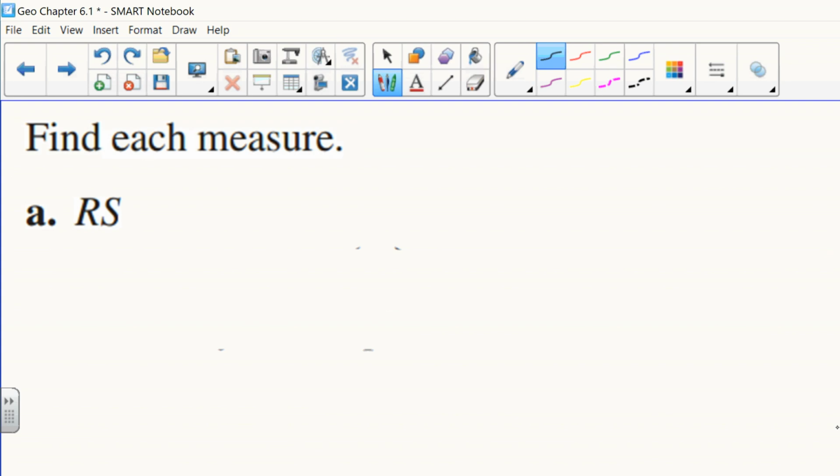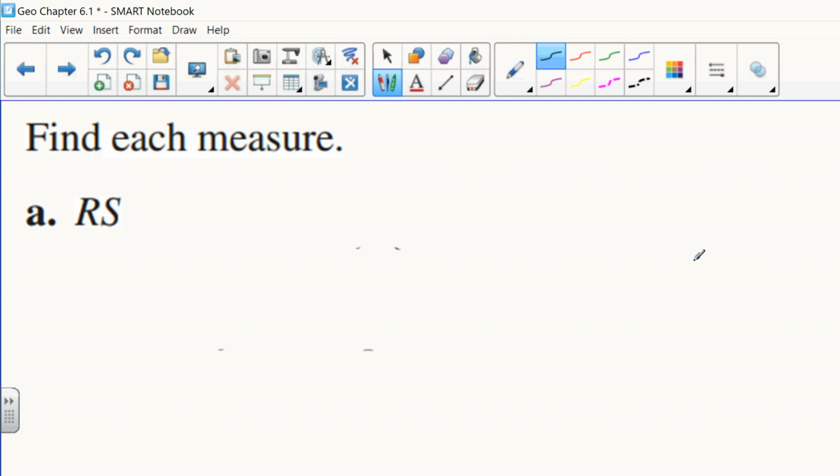So let's look at an example of this here. In this triangle here, we do have a perpendicular bisector, line SQ. And we know it's a perpendicular bisector because we have a right angle, and it cuts the line into two congruent parts. It is a perpendicular bisector. And if it's a perpendicular bisector, then the lines connecting that point to the two endpoints are going to be congruent.